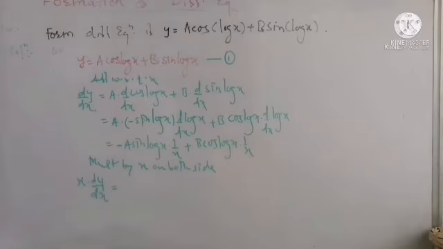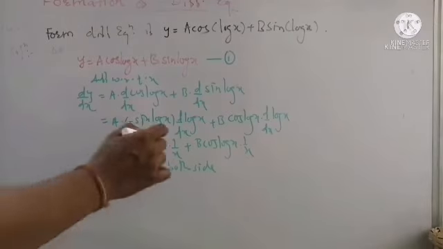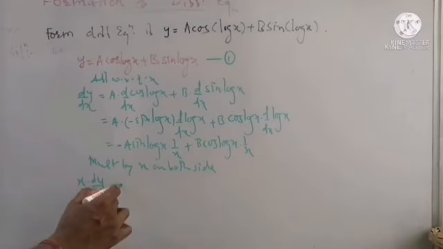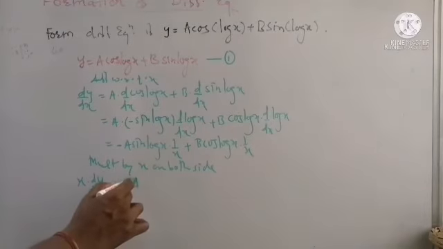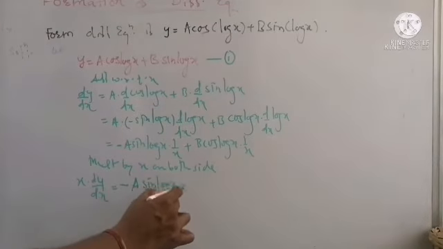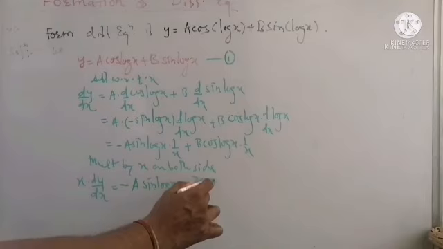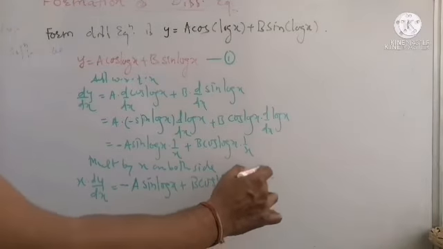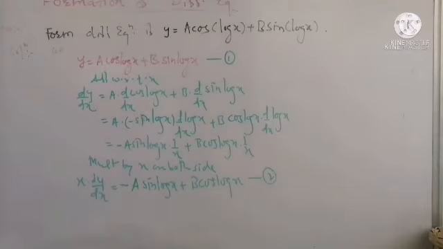On the right hand side, as the addition is there, we take separate multiplication, as x is in the denominator for each term, so it gets cancelled with the multiplier, and we get in the first term a single term minus a sine of log x, and in the second also we get b cos of log x, as x gets cancelled with the multiplier.